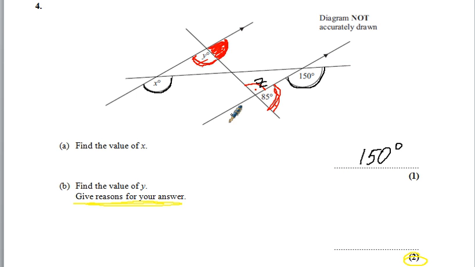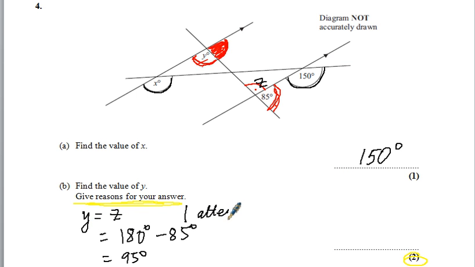Okay, if we are going to use this angle, so we say y equals Z equals 180 minus 85 and equals 95 degrees. And now we'll write all the reasons. Y equals Z. What is the reason for that statement? Because alternate angles are equal, right? Alternate angles are equal.